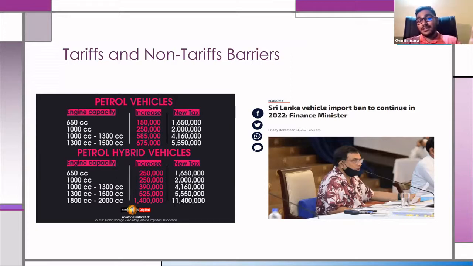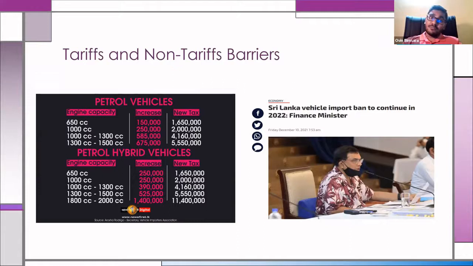As you can see in the graph given on the left-hand side, depending on the engine capacity and depending on the fuel type, there were different values of taxes on imported vehicles, right? So that is a tariff barrier.